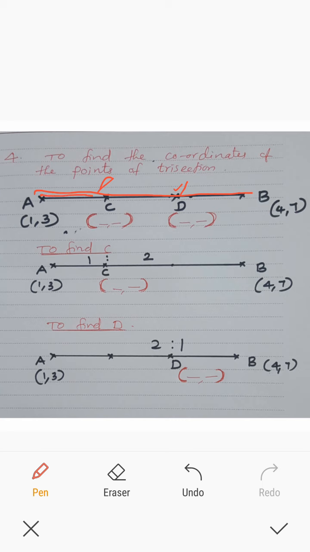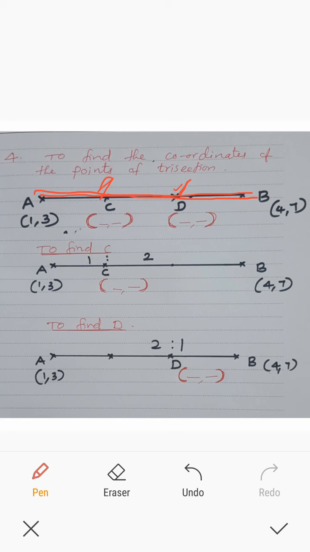In the case of line segment AB, the points are C and D. That means here the points of trisection are C and D.